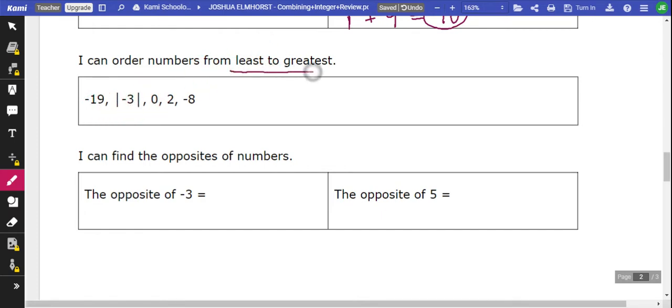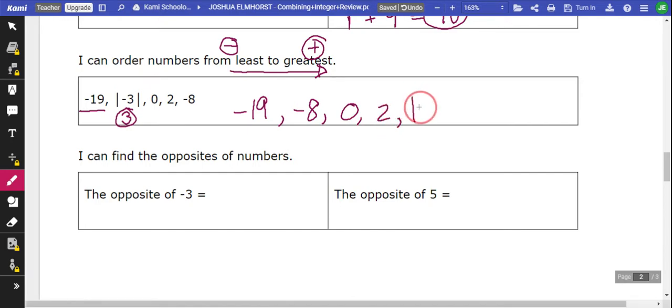So we're going to put these in order from least to greatest, from negative to positive. So we're going to take our biggest negative number, negative 19, negative 8. Now, this is the absolute value of negative 3, which is 3. So we have 0, 2, and the absolute value of negative 3.